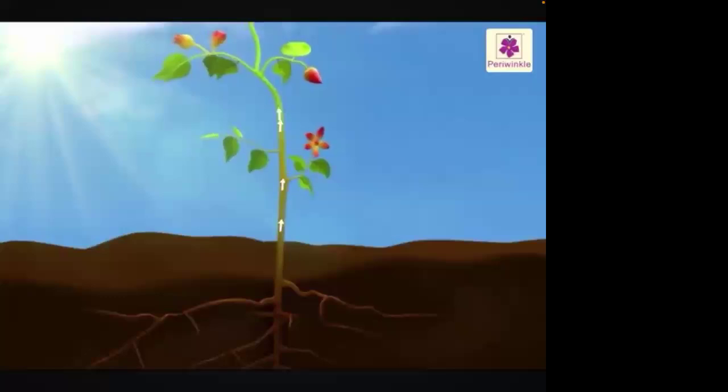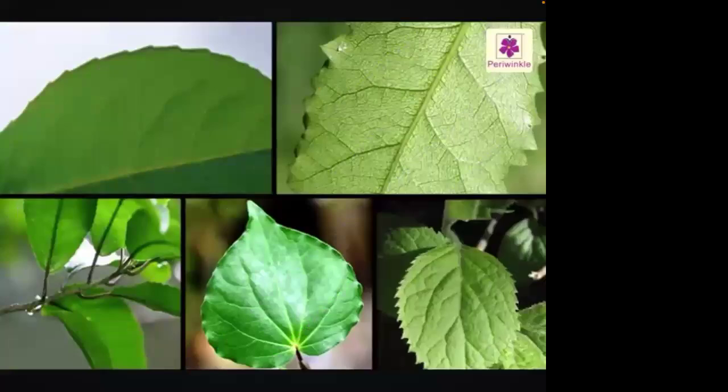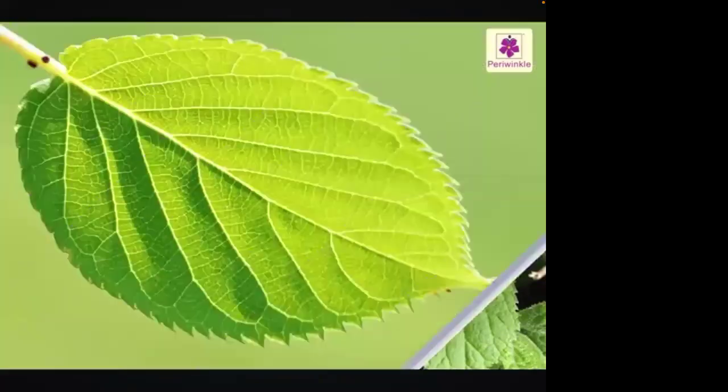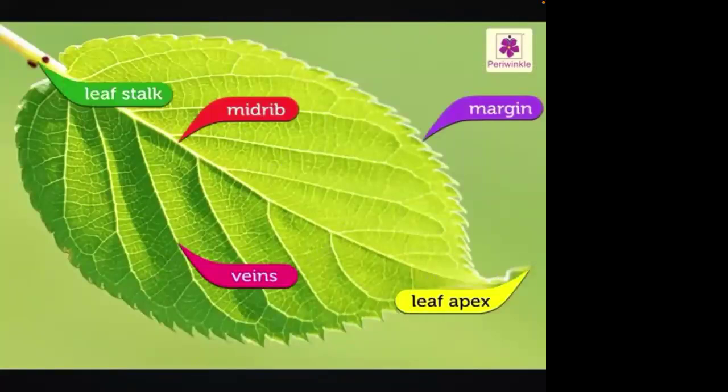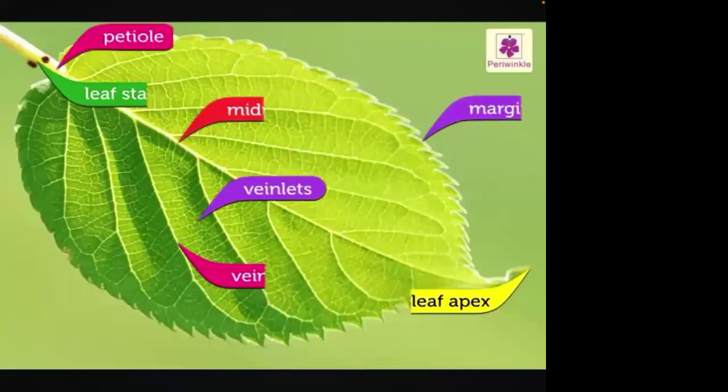They take up nutrients from the soil through their roots and the stems carry them up to the leaves, which ultimately prepare the food. Though leaves of different plants are different, they have some common features like midrib, margin, veins, leaf apex, leaf stalk, veinlets, and petiole.